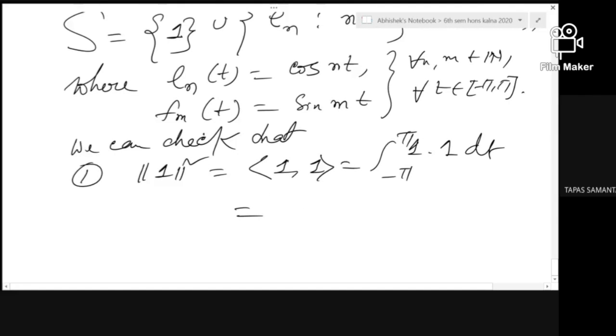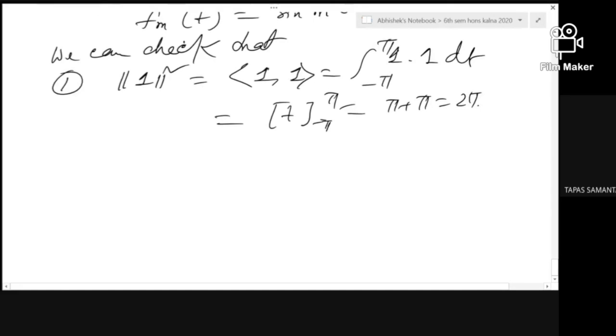Then what is the integral value? That is t from minus pi to pi, that is pi plus pi equals 2 pi. In the same way, if you calculate the other norms for the functions En and Fm, you will see that norm En square is pi, norm Fm square is pi.